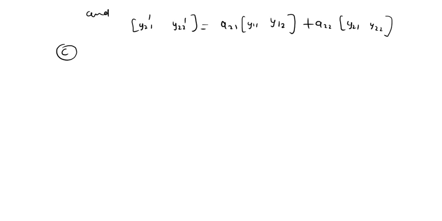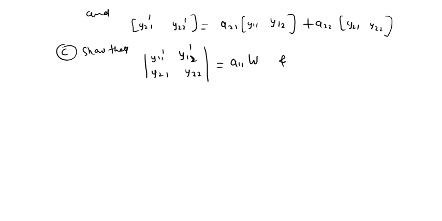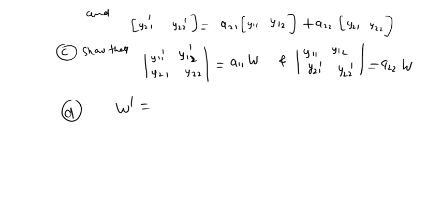Part C: also show that the determinant with first row y11', y12' and second row y21, y22 equals A11 W, and the determinant with second row differentiated equals A22 times the Wronskian. And finally show that W' equals (A11 plus A22) W.